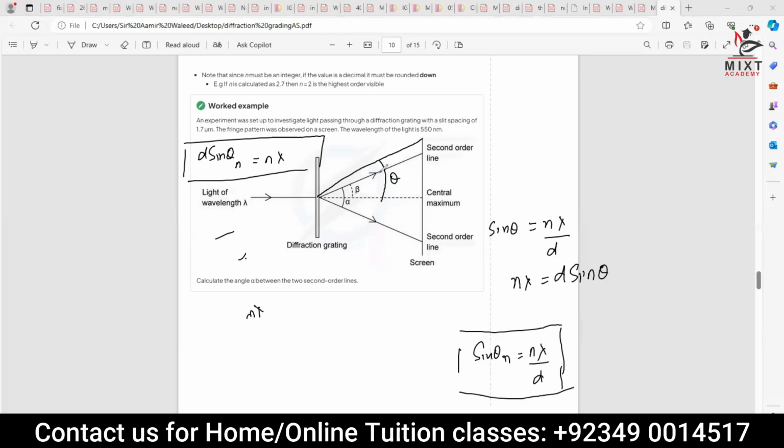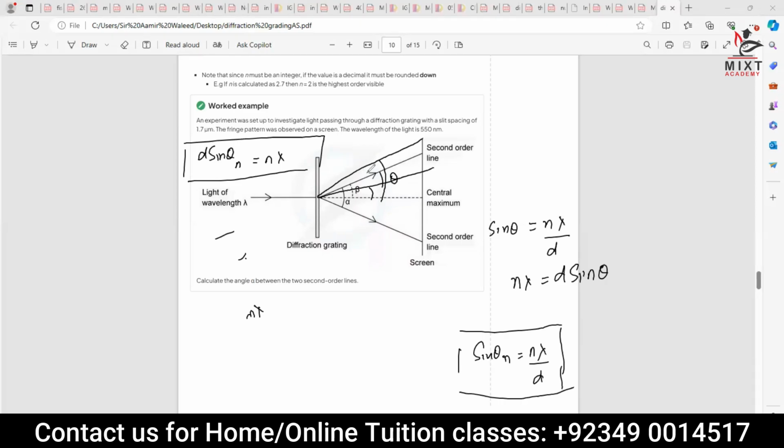You're saying the angle between the first and the third one, right? So find out the angle between the first and the central one, which is this one. Now, how will you find the angle between these two? Subtract the two angles and you will get the angle between the first and the third one.